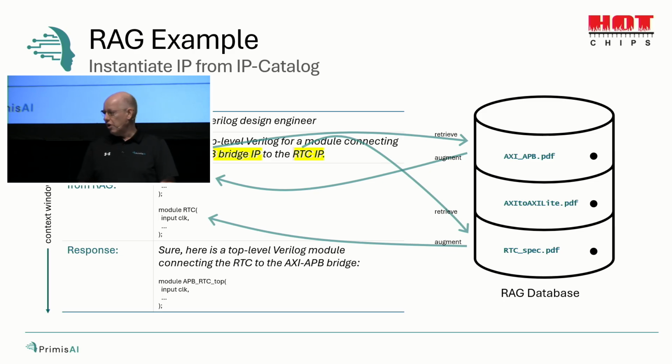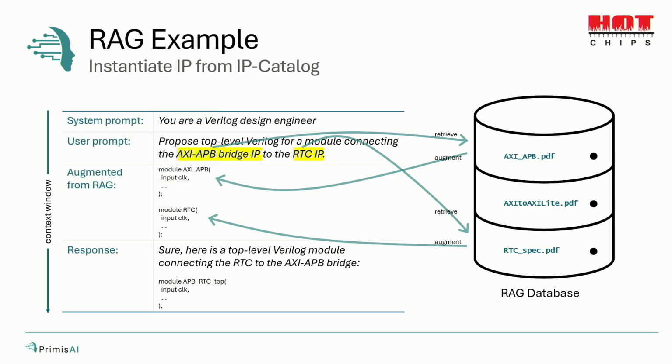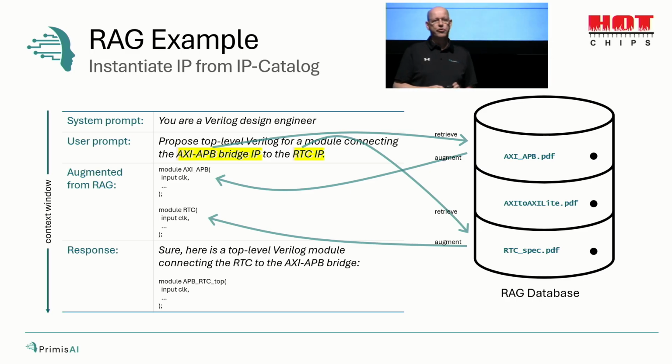So here's an example. For example, the system prompt says we are a Verilog design engineer. The user says, propose a Verilog module which connects an AXI APB bridge to a real-time controller IP. The RAG mechanism does a semantic search to see if there are any relevant documents triggering on these words.